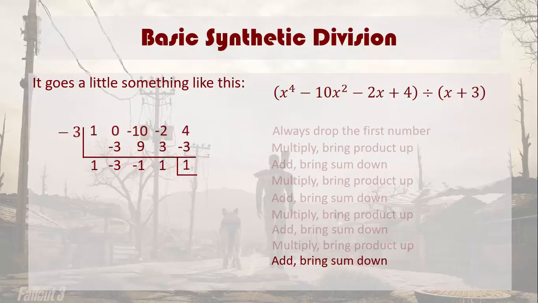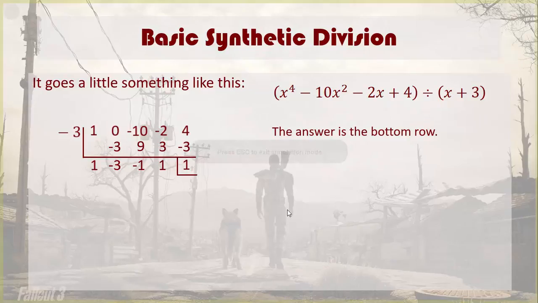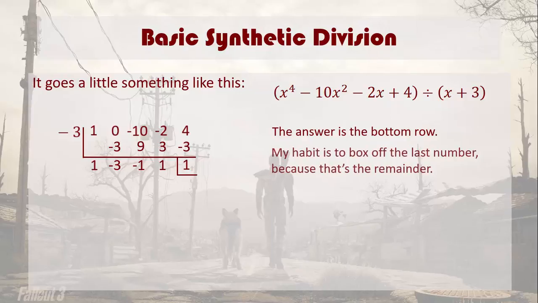Now notice that I put that little box there. That box is the remainder, and that whole bottom row is our answer. I want you to look at it like this. My habit is to box off the last number because that is the remainder.